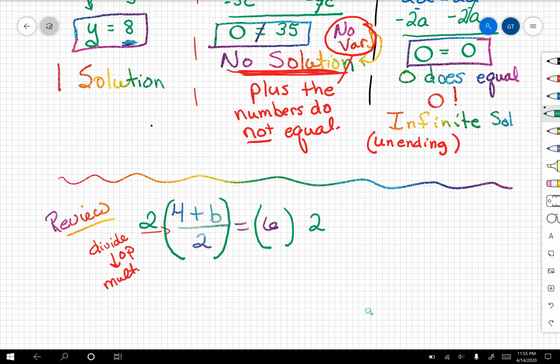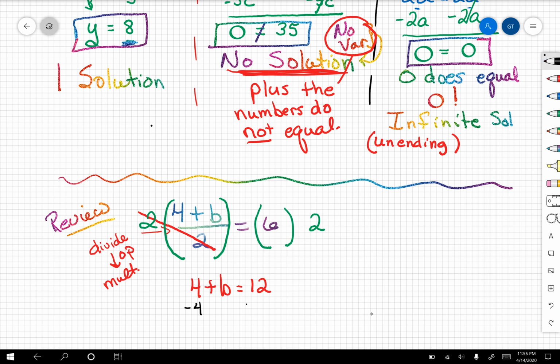Okay, now with this, these two will cancel each other out. 2 divided by 2 is 1, leaving us with 4 plus b on this side. And over here, 6 times 2 is 12. From here, you're just solving your equation.